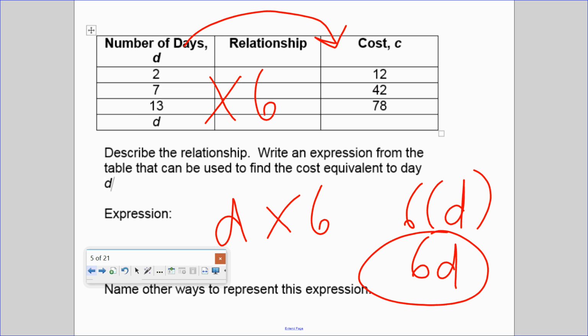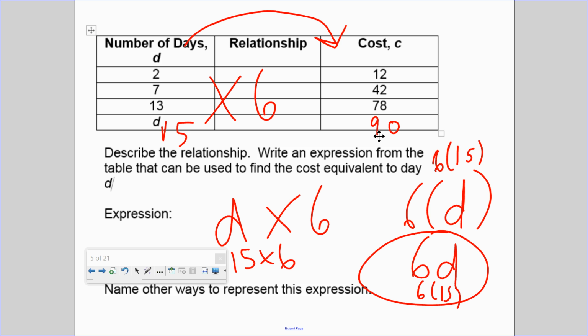Remember, a variable is a symbol that can be represented by a number. I replace this d with 15. 6 times 15, or 15 times 6, is $90. So for 15 days, it will cost $90.